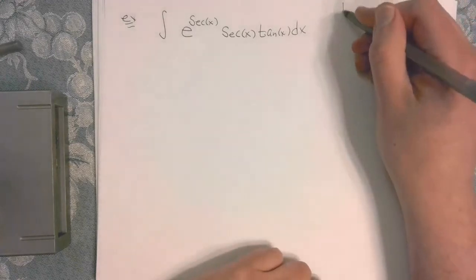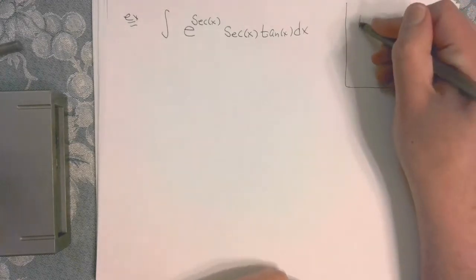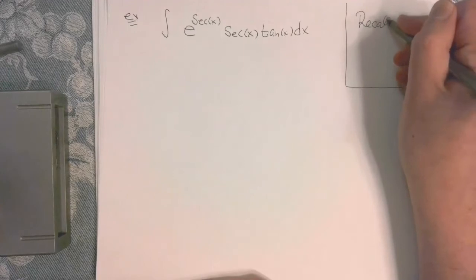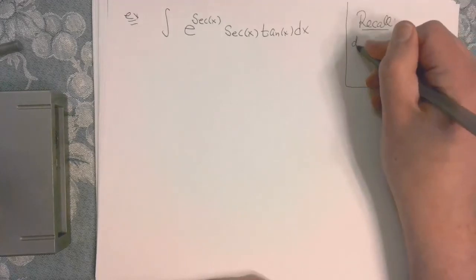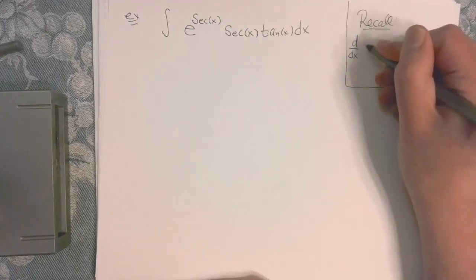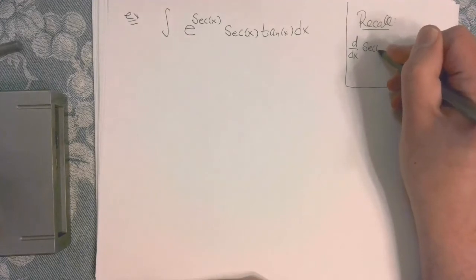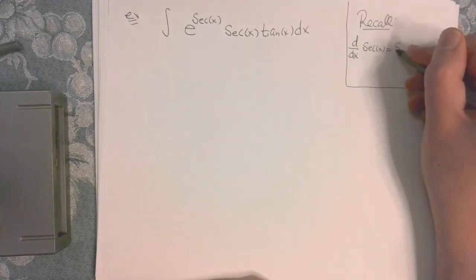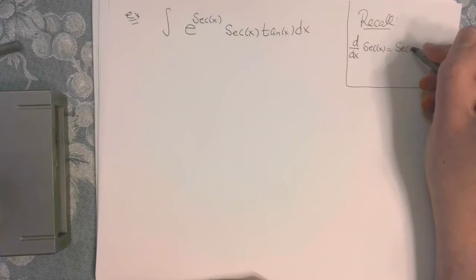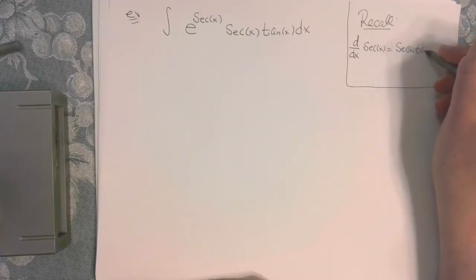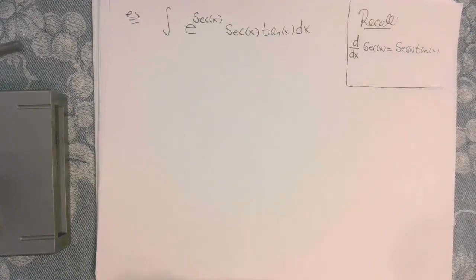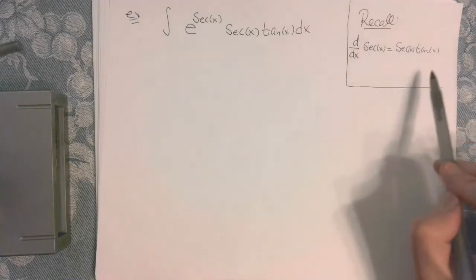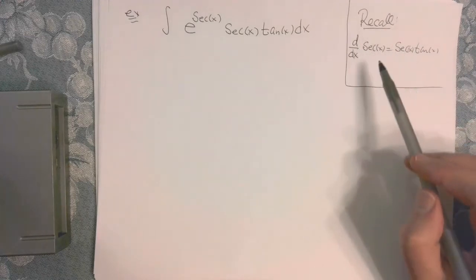So let's recall that, well, the derivative of secant of x is exactly that product of secant and tangent. So that'd be secant of x times the tangent of x. So that's very suggestive of a technique, right? So we should do substitution.